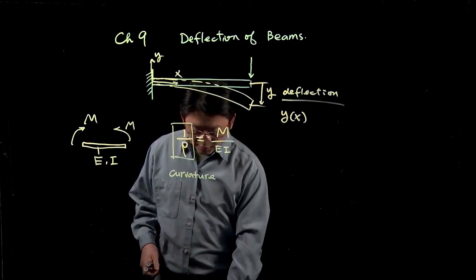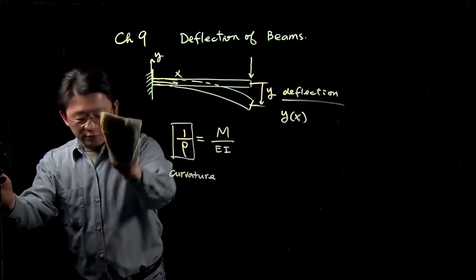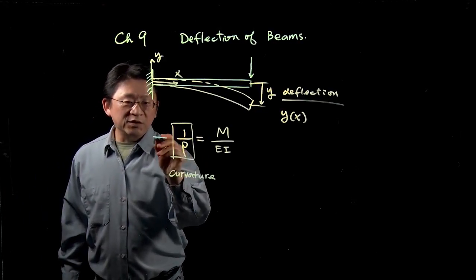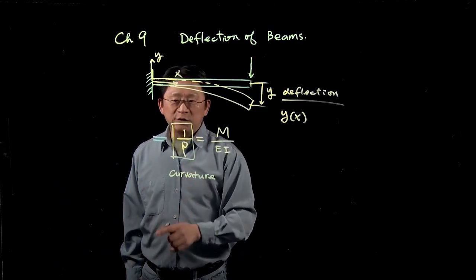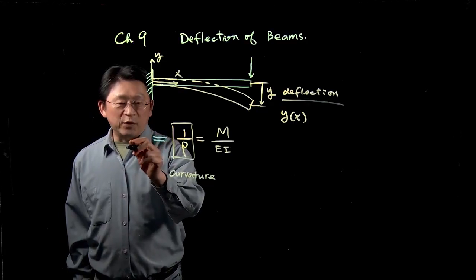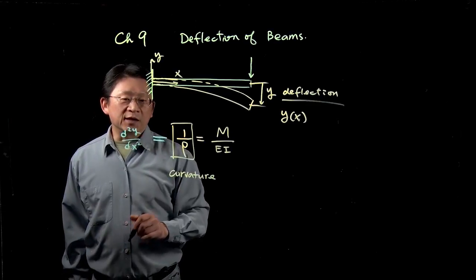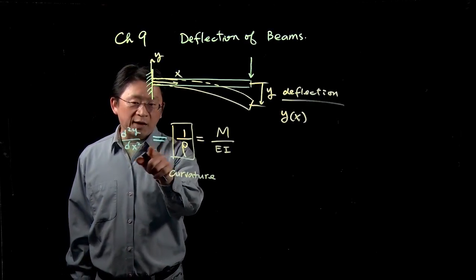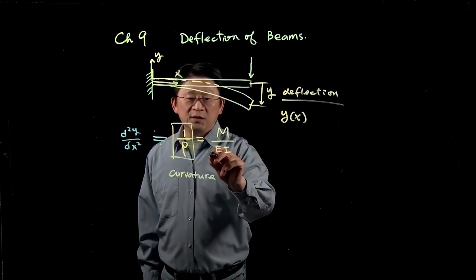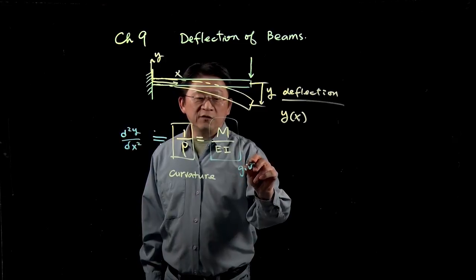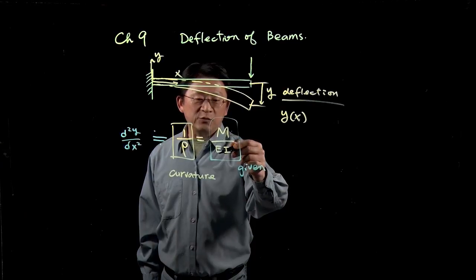On the other side, you're going to learn from the very beginning of this chapter, based on pure calculus 1 or 2, that the curvature can be approximated by d squared y dx squared. We have a detailed introduction of why this is so. Therefore, from here you can see these are the given information, including the loading, geometry and material properties.